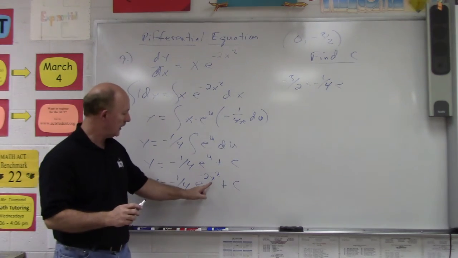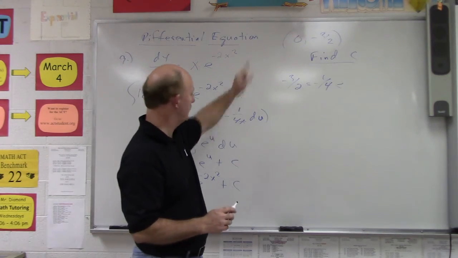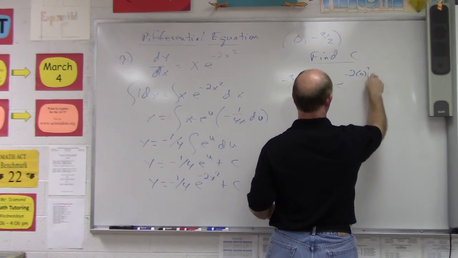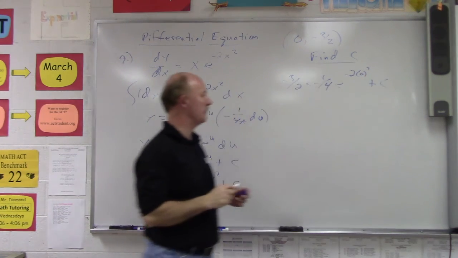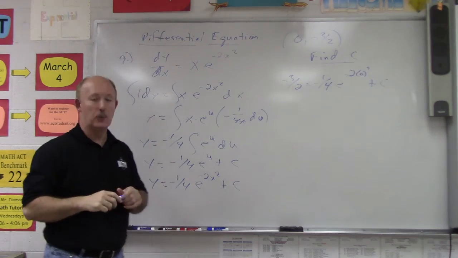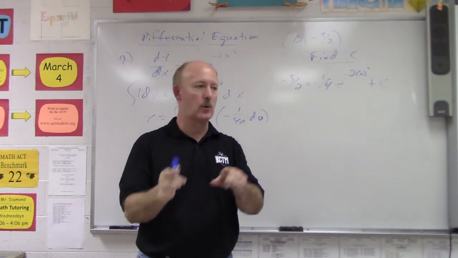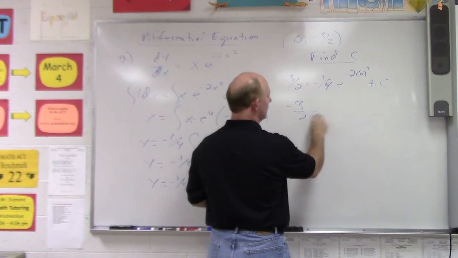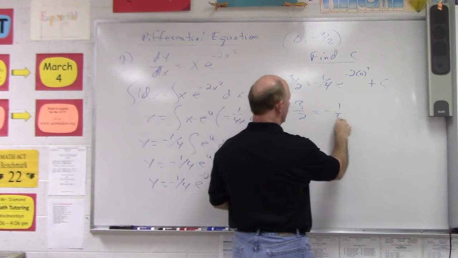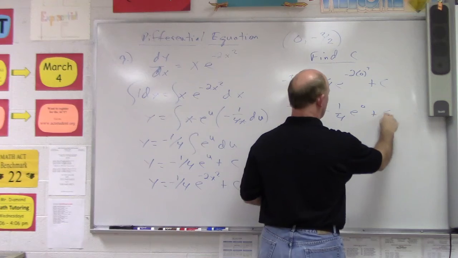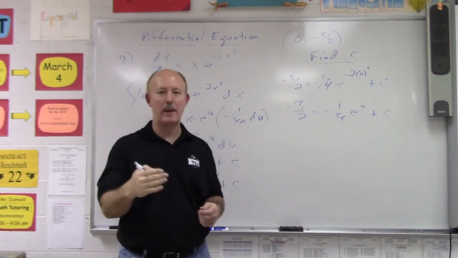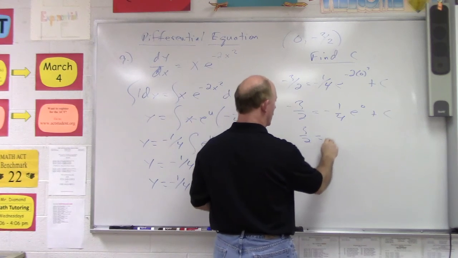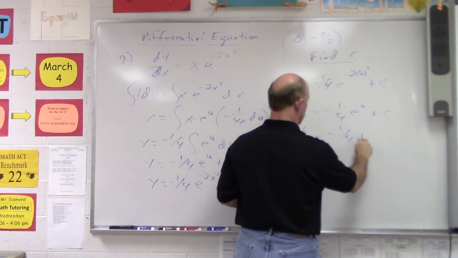Now substituting 0 in for x gives e to the negative 2 times 0 squared plus our constant of integration. Now we're going to solve this equation for c. So we end up here with negative 3/2 on the left equals negative 1/4 e to the 0 power plus c. Remember, e to the 0 power is 1. So here we have negative 3/2 equals negative 1/4 plus c.